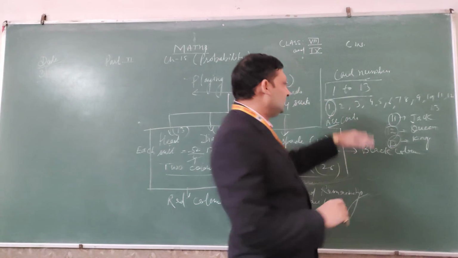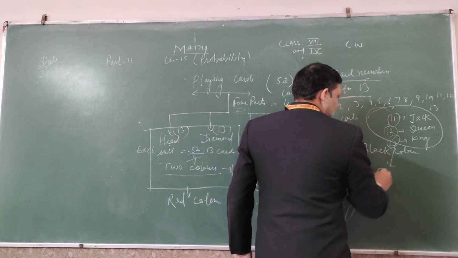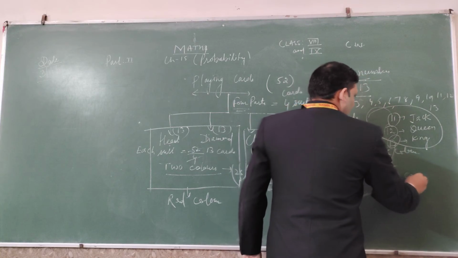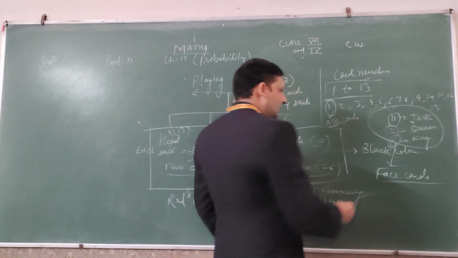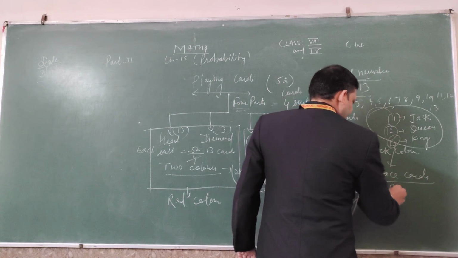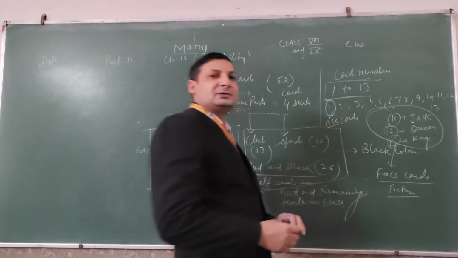When we talk about these last three cards, they are also called face cards. Face cards are those cards which have pictures, on which a picture is drawn, that is called a face card.